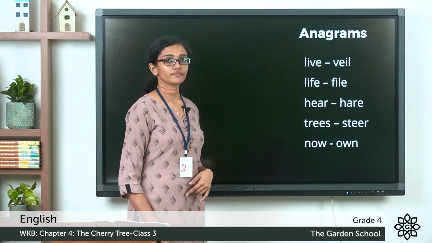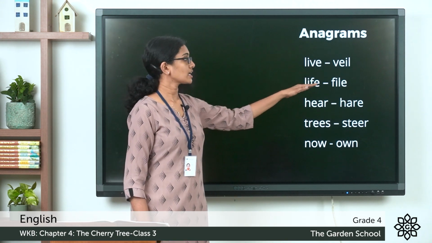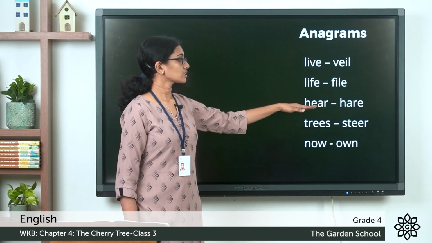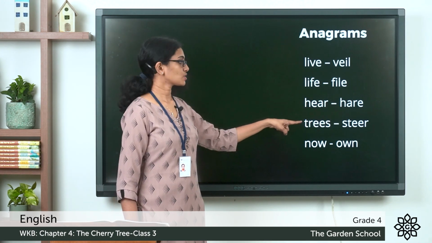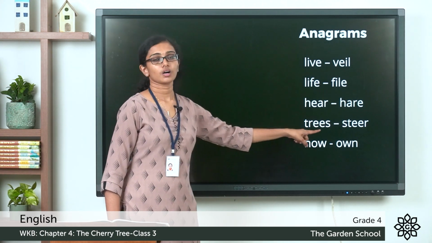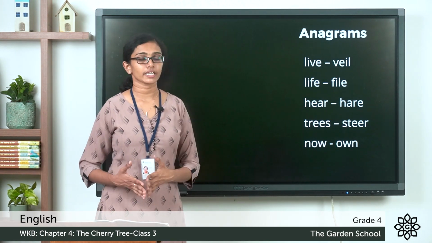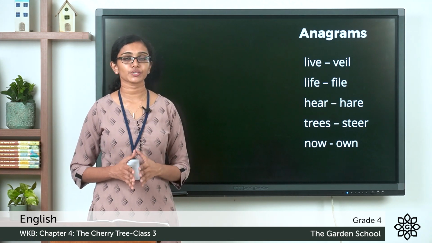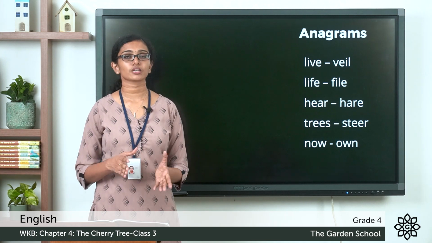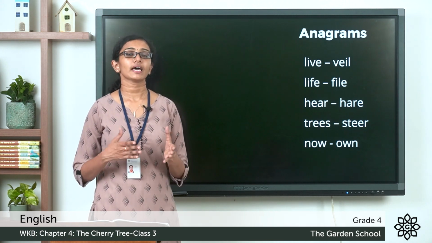Now, life. The letters can be rearranged and the word file can be formed. Here, hair. Trees, steer. So, what are anagrams? When you rearrange the letters of a given word to form a new word with a meaning, that new word is called an anagram.